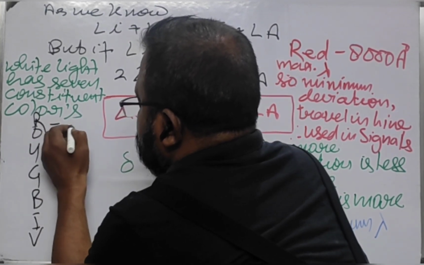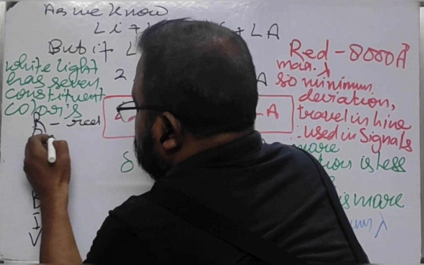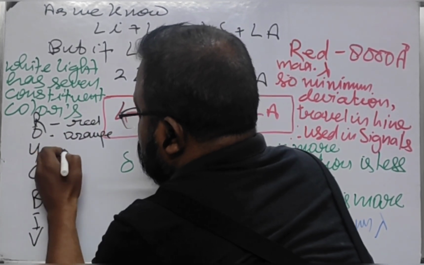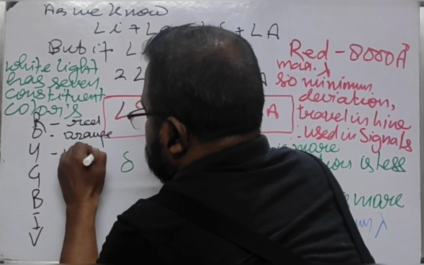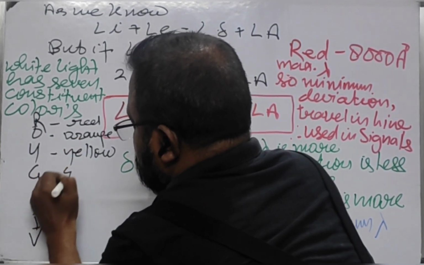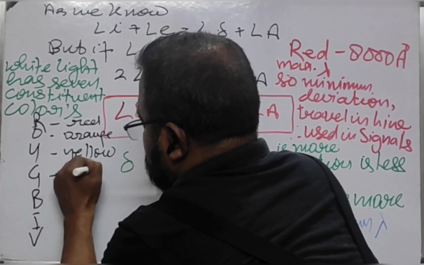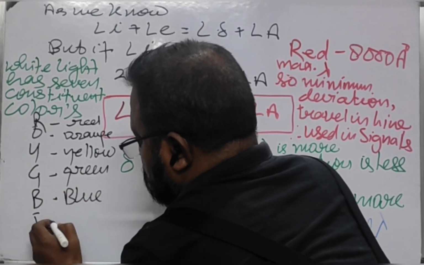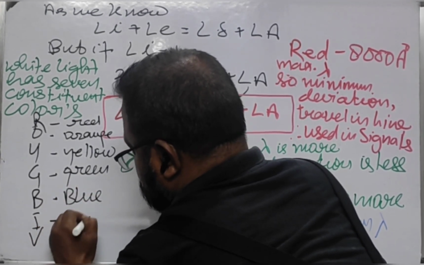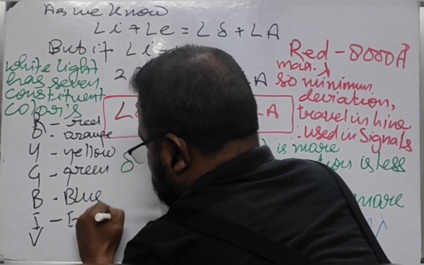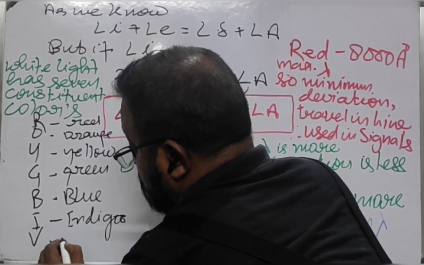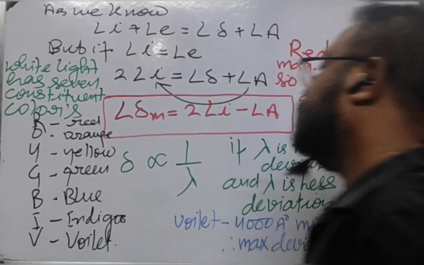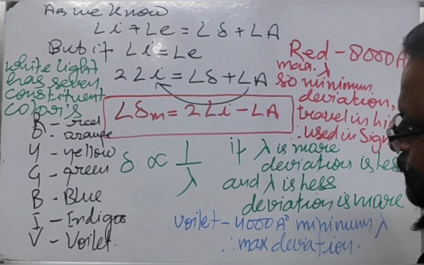So this is red, this is orange, this is yellow, green, this is blue, indigo, and lastly we have violet.